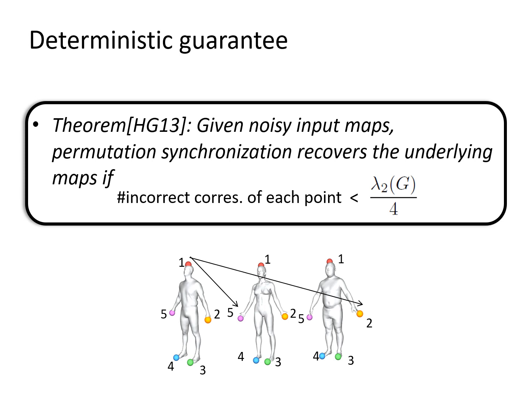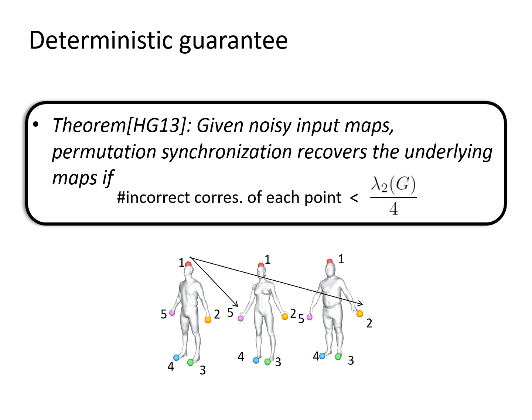In fact, we can show that given noisy input maps, permutation synchronization using SDP recovers the underlying maps if the incorrect correspondence of each point, meaning for each point, it has correspondences to other points, the fraction of incorrect correspondences, if we count the maximum one, is smaller than lambda 2, the second smallest eigenvalue of the graph Laplacian of G. Keep in mind that G is the graph that specifies which pairs of objects have maps.